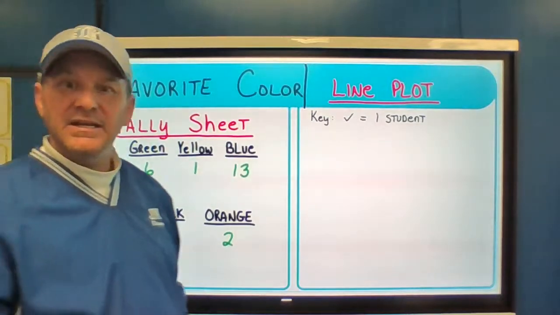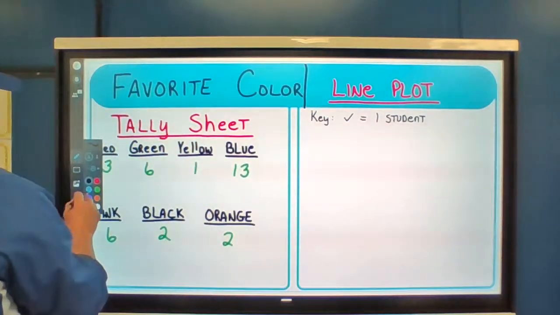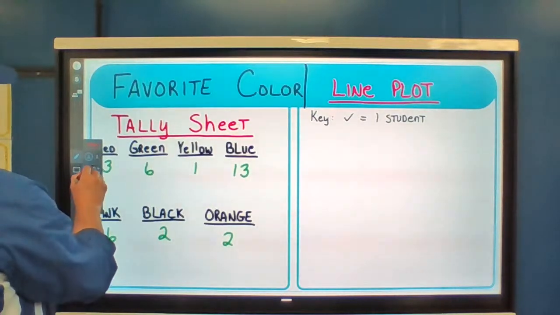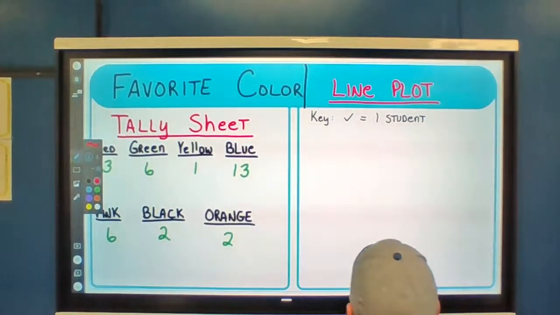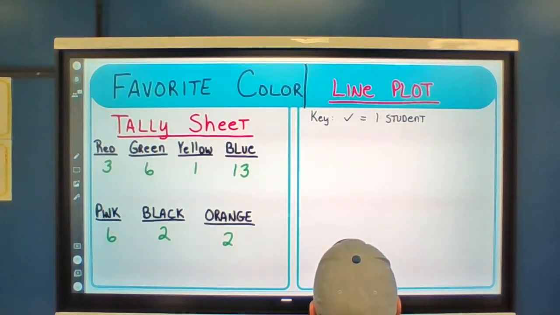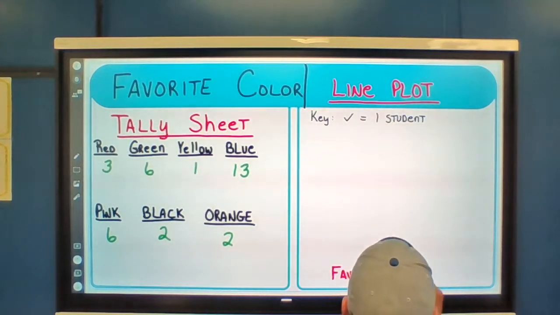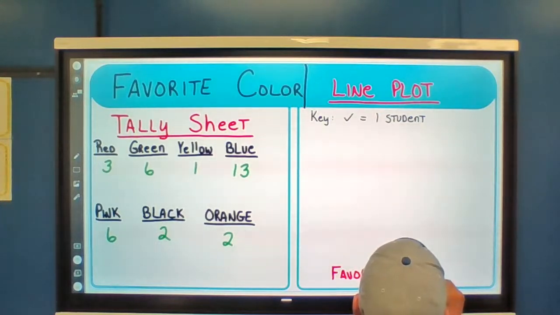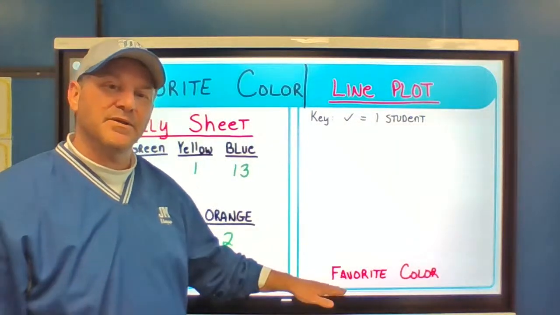The next thing we need is our title, so we all know what we're talking about. In this case, our title is favorite color. Now you notice I'm putting my title at the bottom.